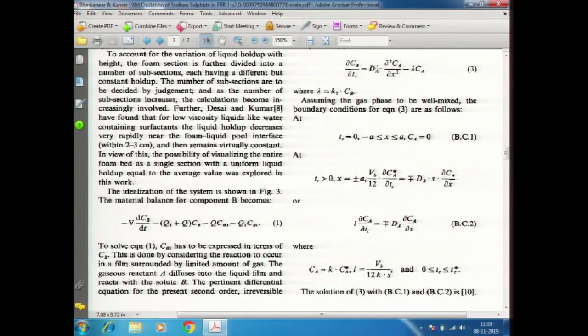So, we will keep shifting or varying the lambda value at every 1 minute interval. And then we will try solving this equation to obtain the new Cb value. So, we can decide to monitor the reactor performance every minute.